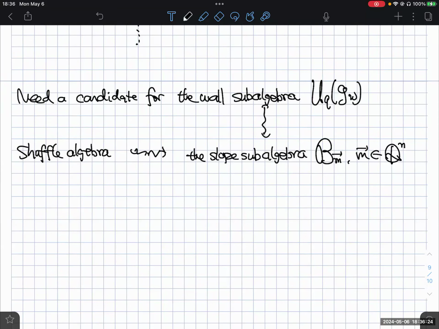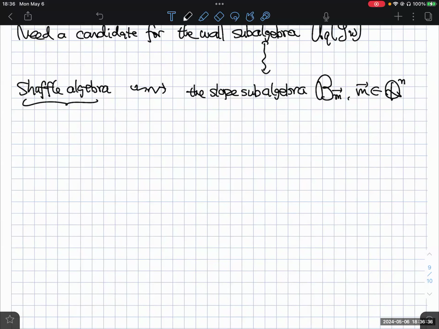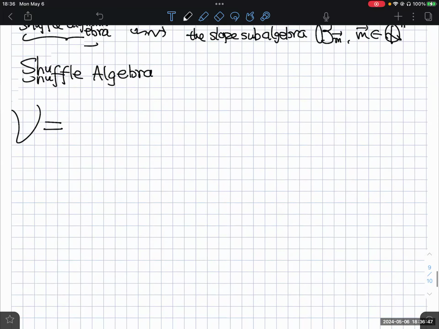So the tool that we're going to take to define the slope subalgebra, or to get some candidates for the W algebra, is to use the shuffle algebra techniques. So first I write down how to construct the shuffle algebra in our case. The first thing is that we need to construct a really huge vector space.